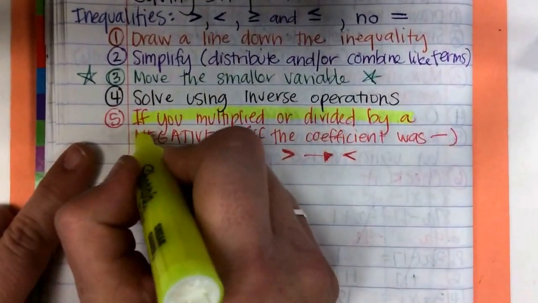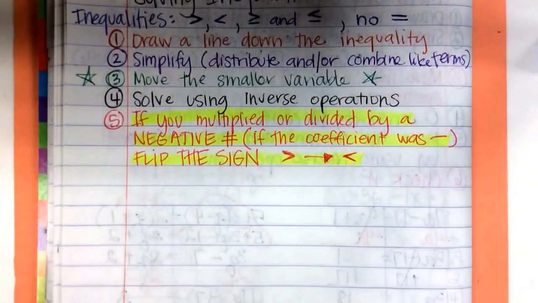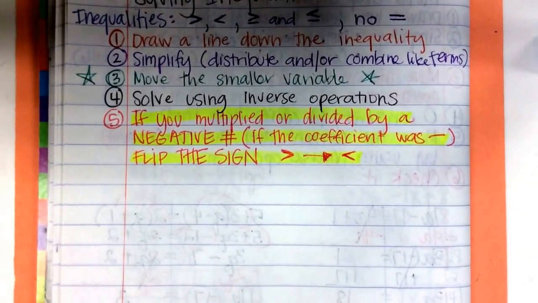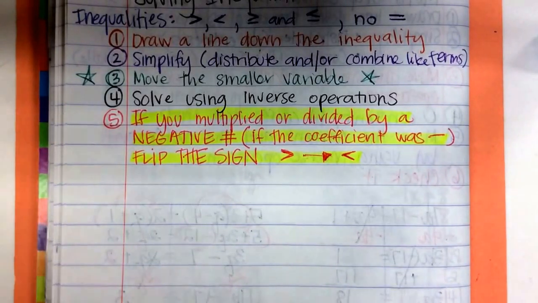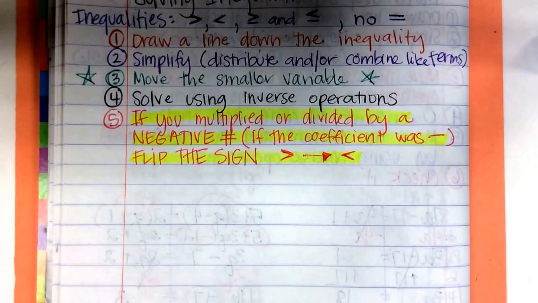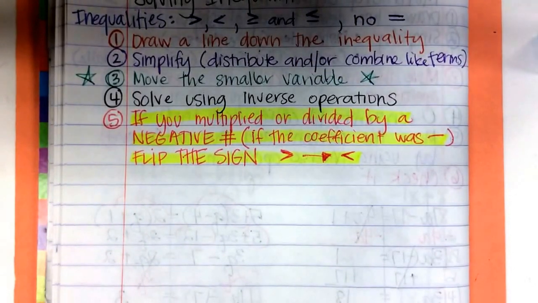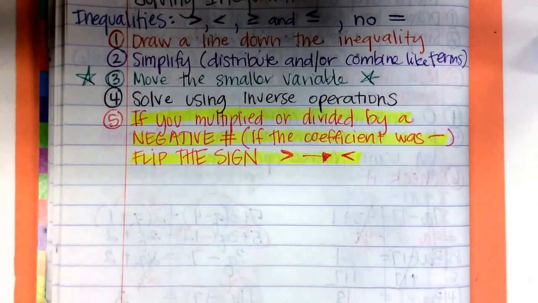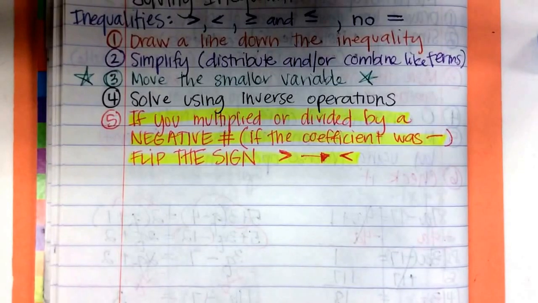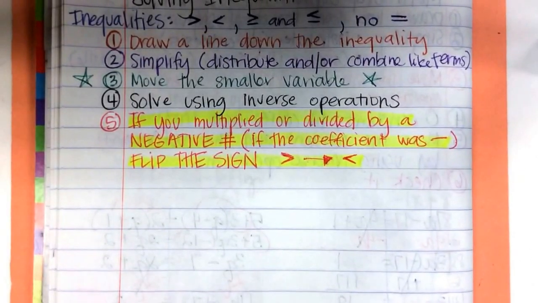But this is the new one. If you multiply or divide by a negative number, you must flip the sign. Let's practice.